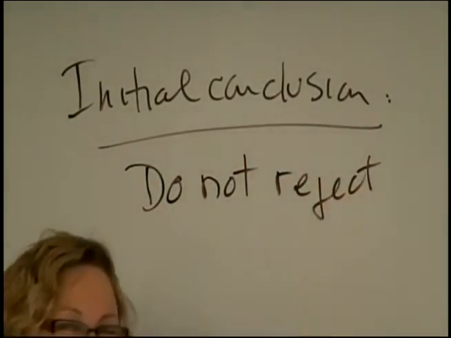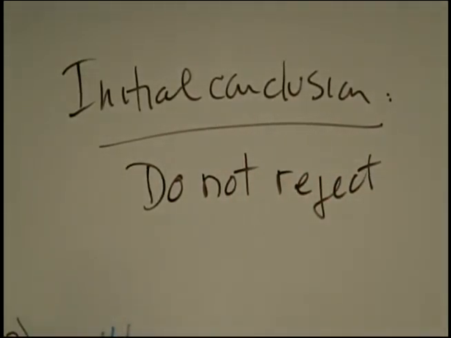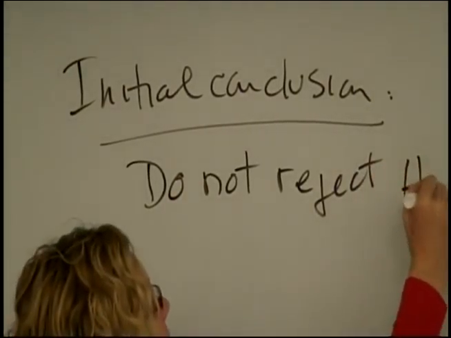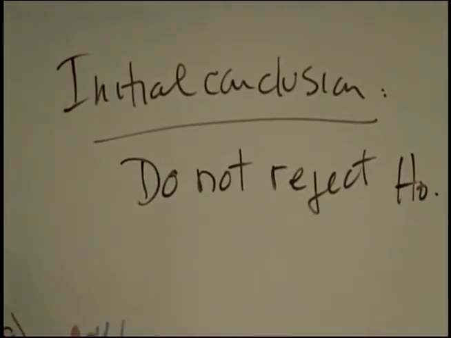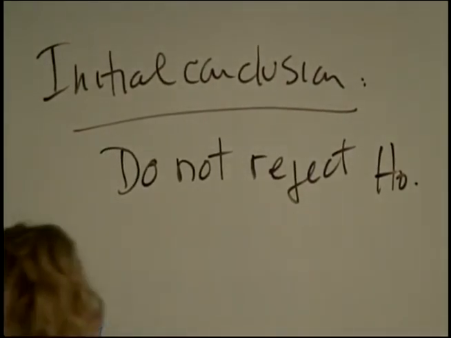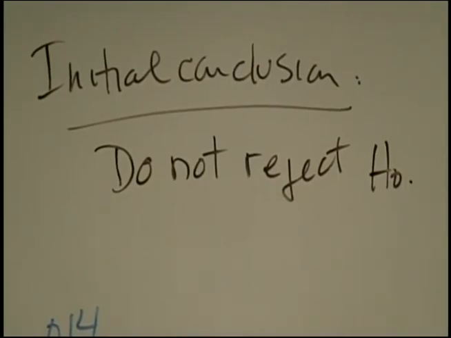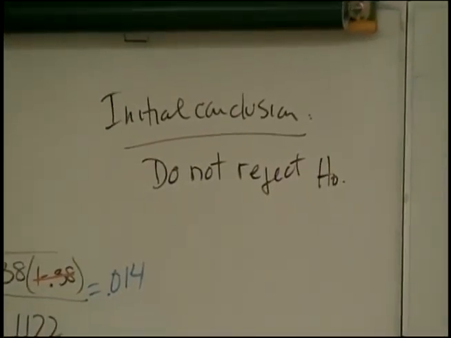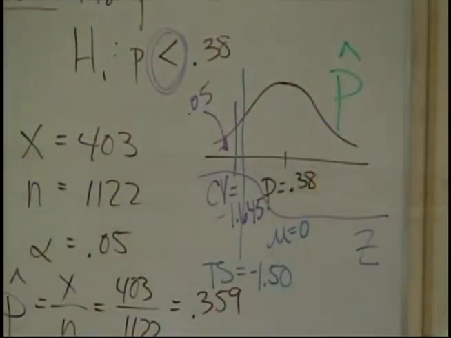It's just the way the language is done. We're going to not reject H0, and you don't have to explain to me why. I can see that you figured out why, because the test statistic is in the blah blah blah. I get it. So we don't have to.